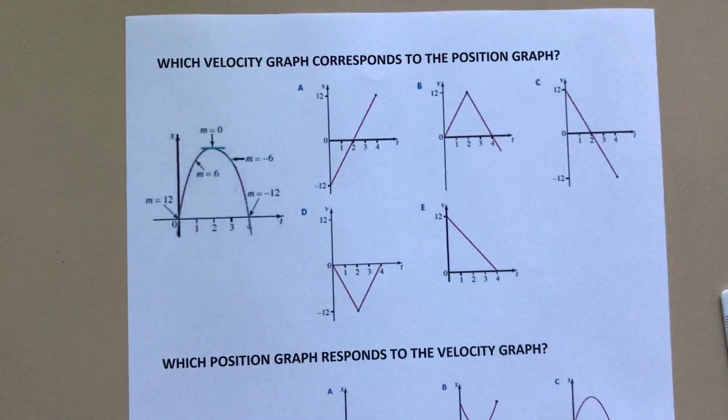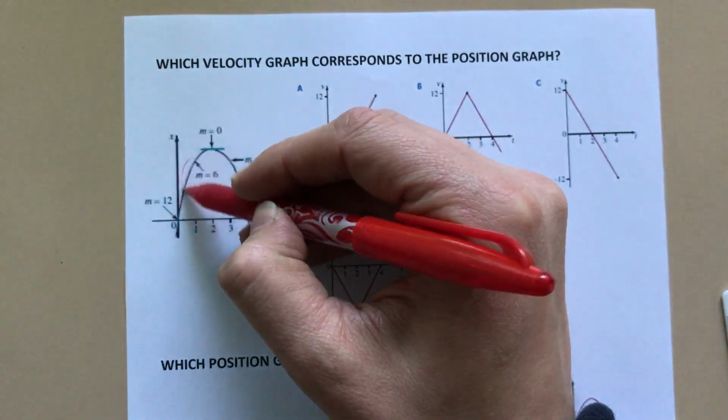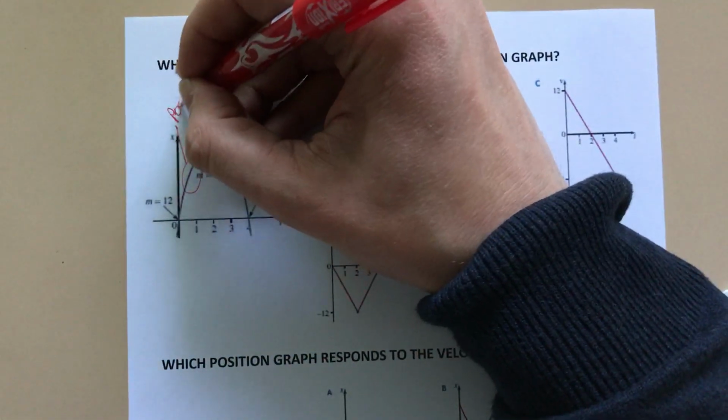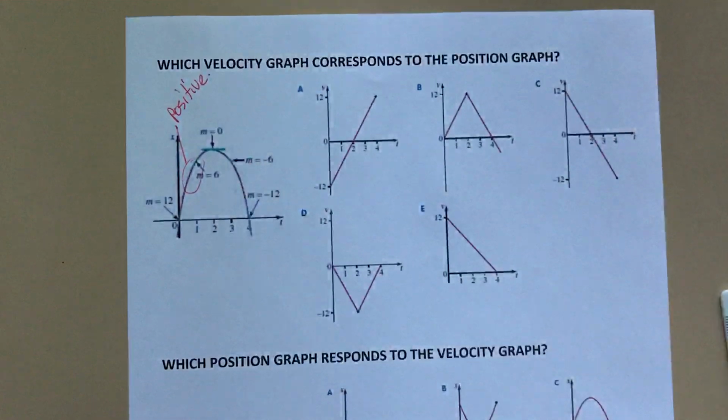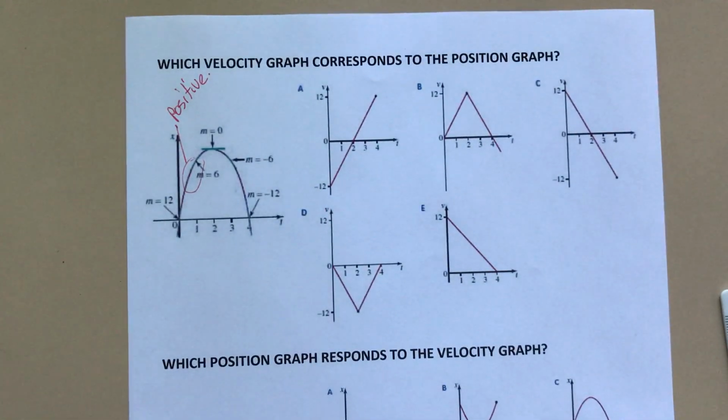Reese: They're accelerating in a positive direction. Or like decelerating in a positive direction and then accelerating in a negative direction. Okay, good. So this particular part of your graph here is positive. So the first thing that we want to look for is a velocity versus time graph where the beginning of the graph is positive.